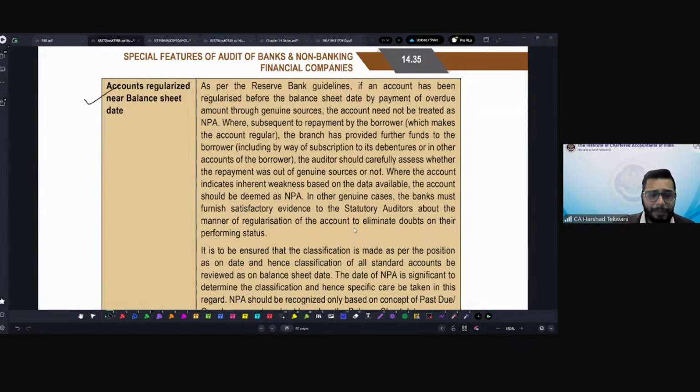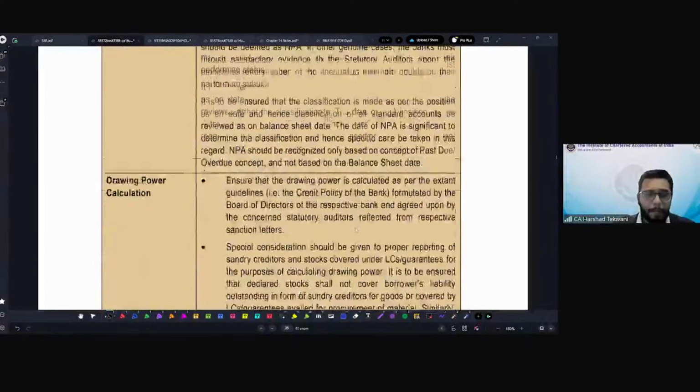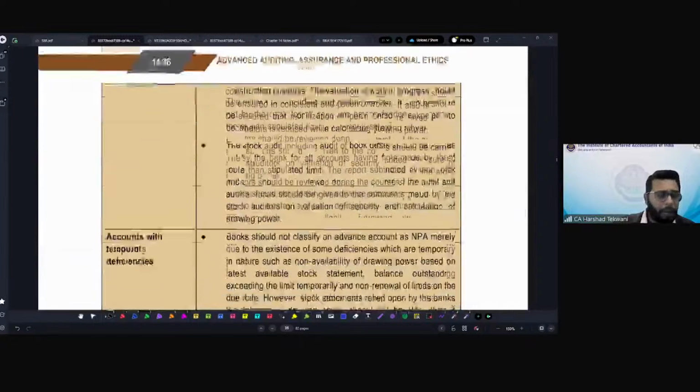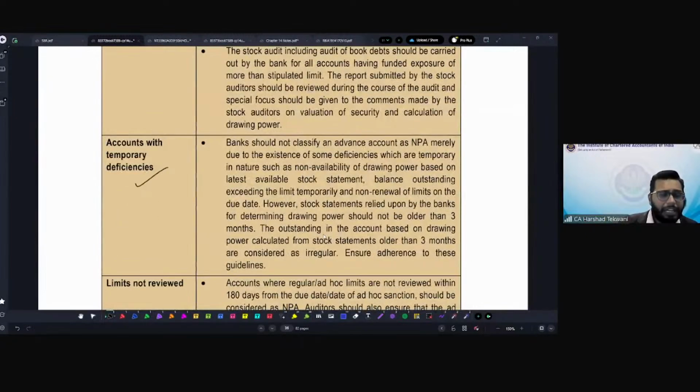Just now we discussed this particular example. Then drawing power calculation for the out of order accounts. Again, accounts with temporary deficiencies should not be more than 3 months old, or if there is some specific requirement, like to determine the drawing power, the statement should not be older than 3 months. Otherwise, it will be considered an irregular account, and then it will go into the cycle of NPA.